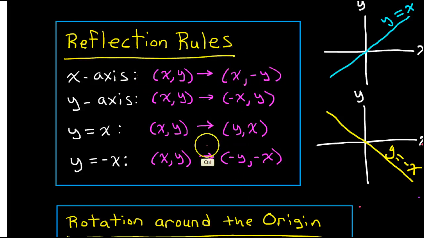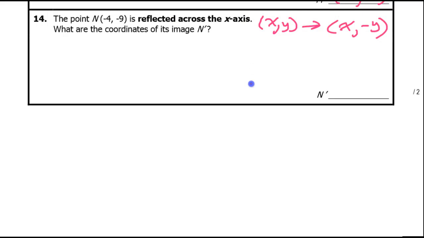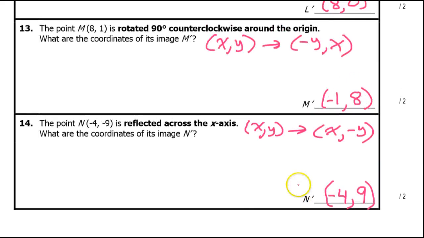All right, you see why it's so important to memorize these rules? So here we go. x is -4, and then the opposite of y is +9. And that is the end of the quiz.